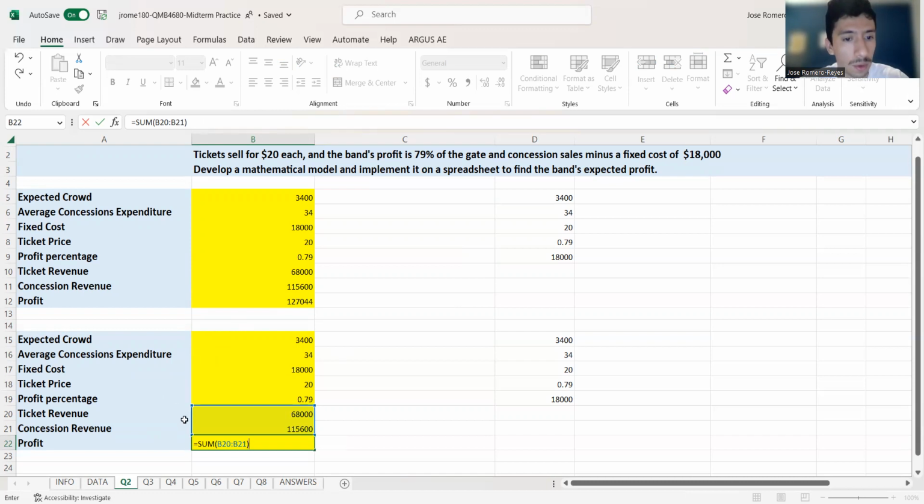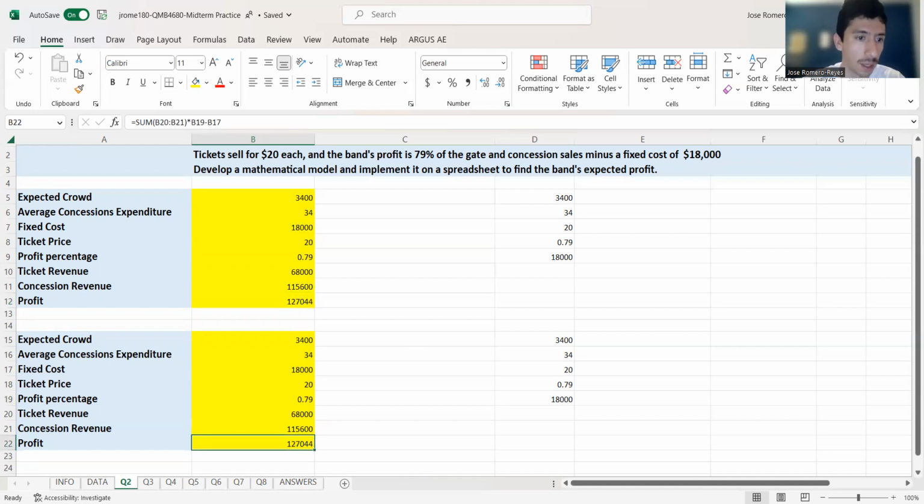Our revenues are these two, but the profit percentage is 79%. So our only profit is going to be 79% of that. And lastly, we subtract the fixed cost. And there you can see that is our actual profit, because we're taking into account subtracting the fixed cost and the profit percentage.